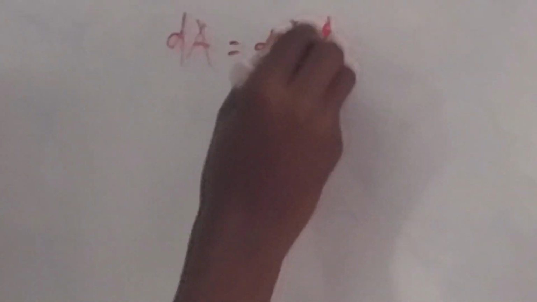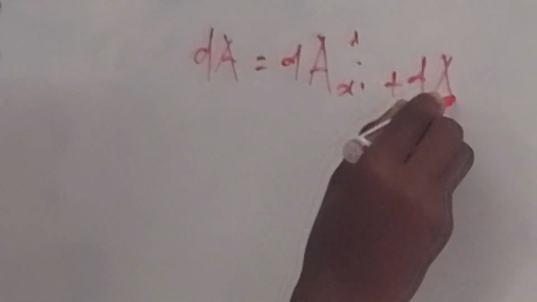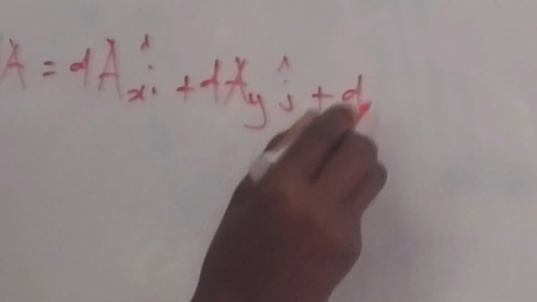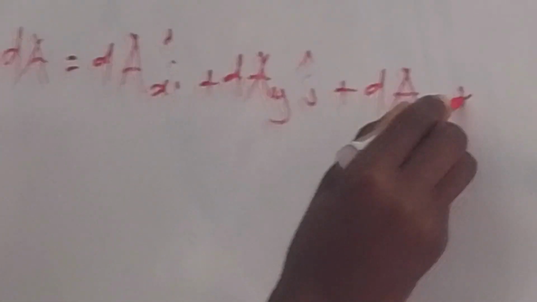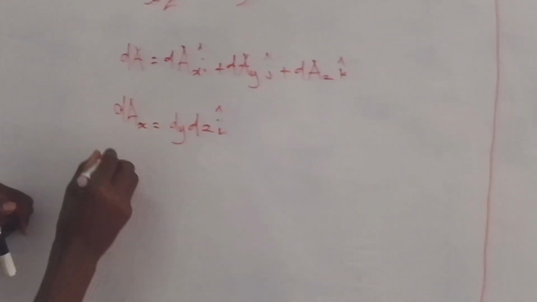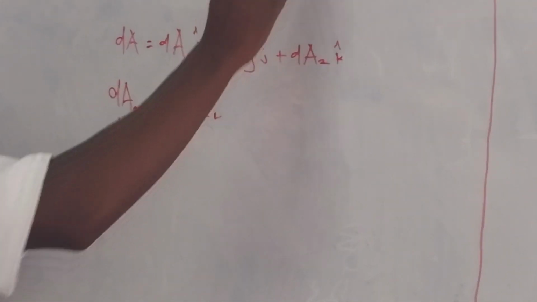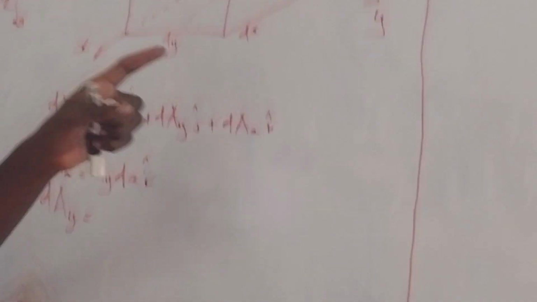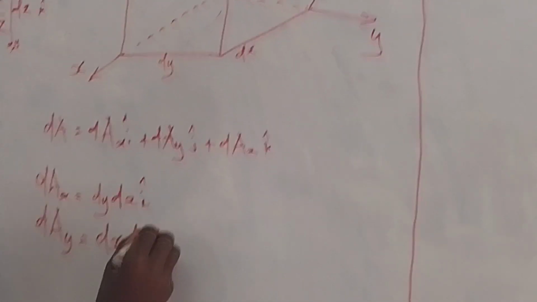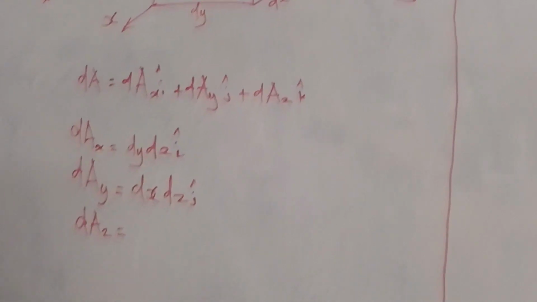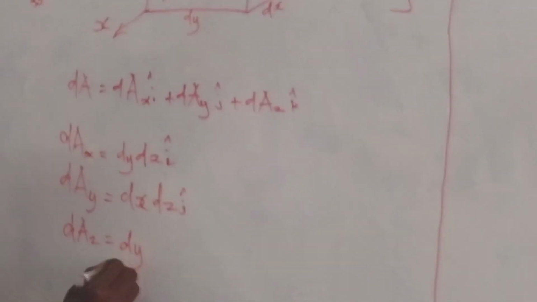The total area is the area in the x direction plus the area in the y direction plus the area in the z direction. The area in the x direction is given by dy dz. The area in the y direction is given by dx dz. The area in the z direction is given by dx dy.